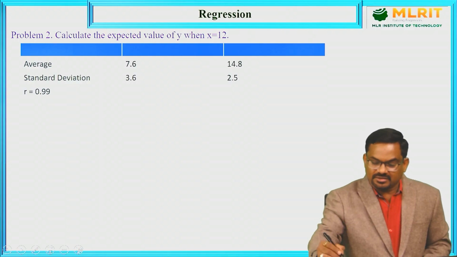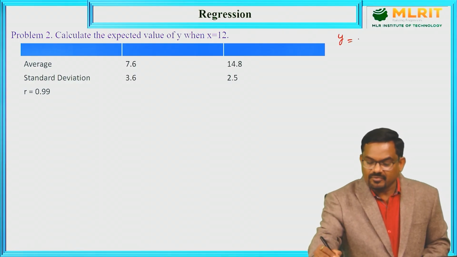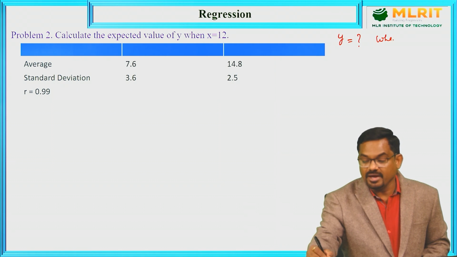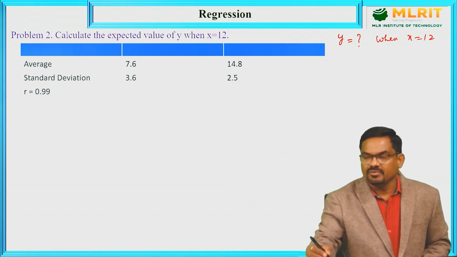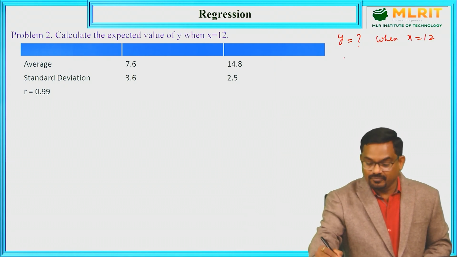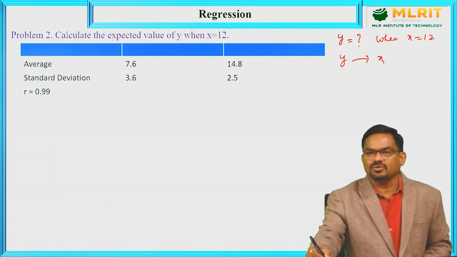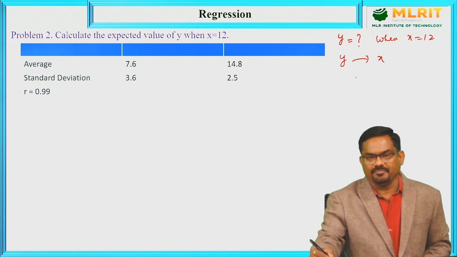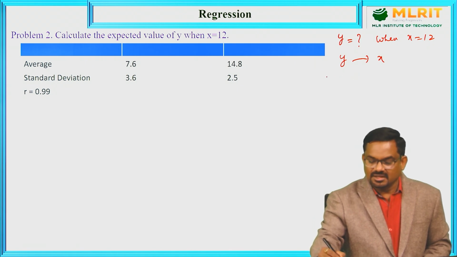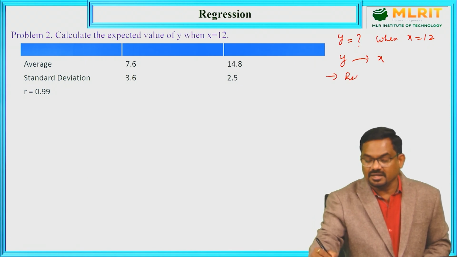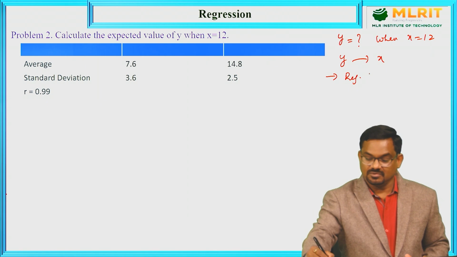So, it is required to find Y. What is the value of Y when X equal to 12? If we have an equation Y in terms of X, simply we substitute X equal to 12 here so that we can find Y. So, that means we need to find the regression equation Y on X.